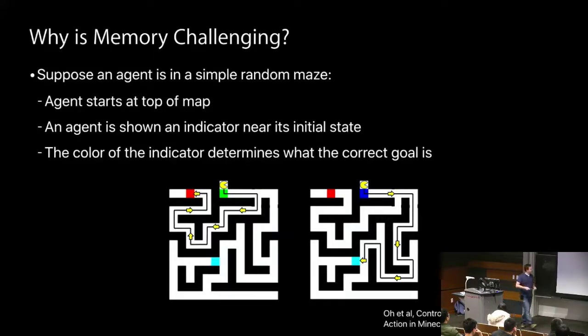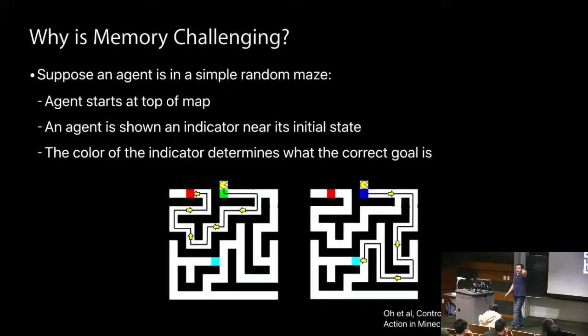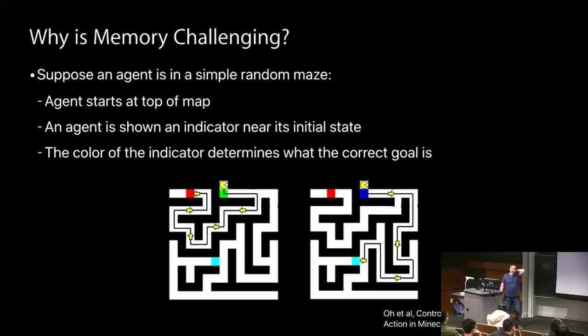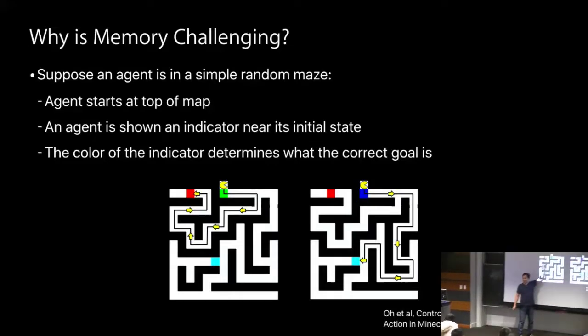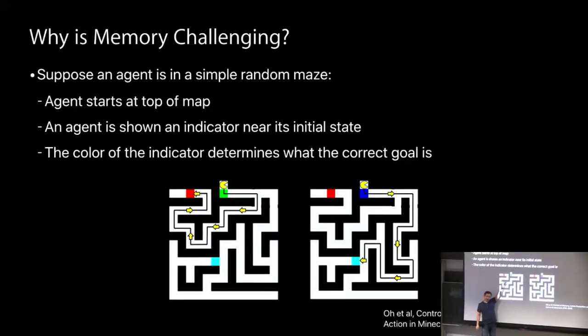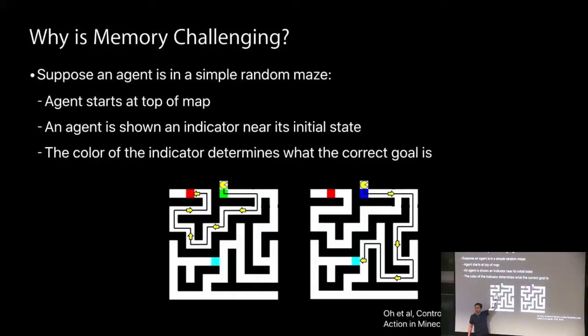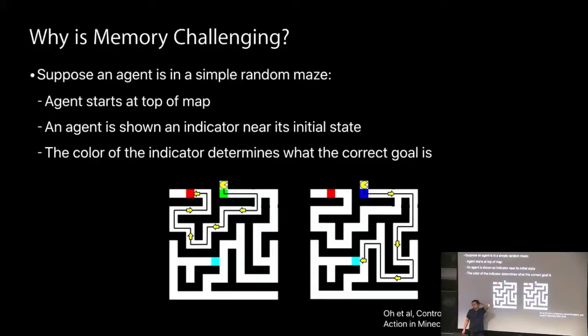Next time you hit the same target, you get negative reward. Through the process of exploration, you keep hitting these targets, randomly placed in random mazes. Sometimes I get positive reward, sometimes negative. What's going on? Eventually you have to figure out that there is an indicator that tells you where you should go.